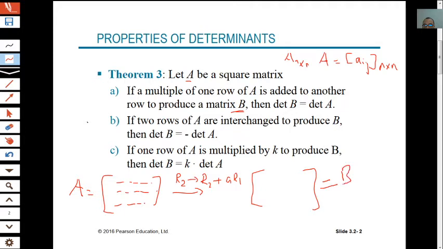And when we look at the determinants, we see the determinant of the matrix A is equal to the determinant of the matrix B. Okay, when we apply replacement, the first row operation, which corresponds to the first part, we have the same determinants, namely this operation.